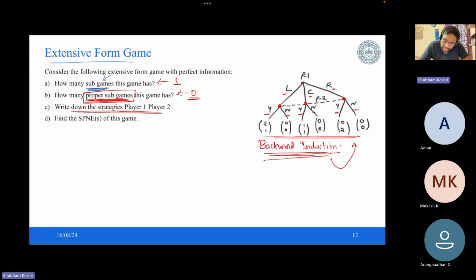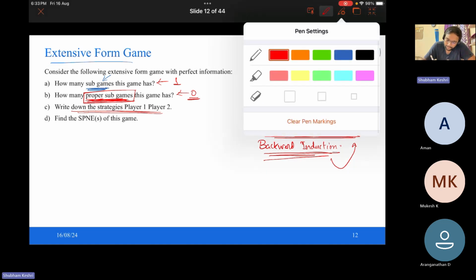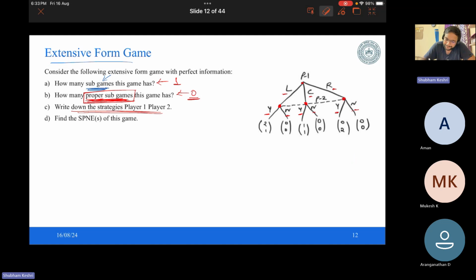You see, at this node, player 1 is not sure whether player 2 is playing Y or N, right? So I'll just help you out. At this node, player 2 can play either Y or N. You see, Y is actually giving a higher utility.